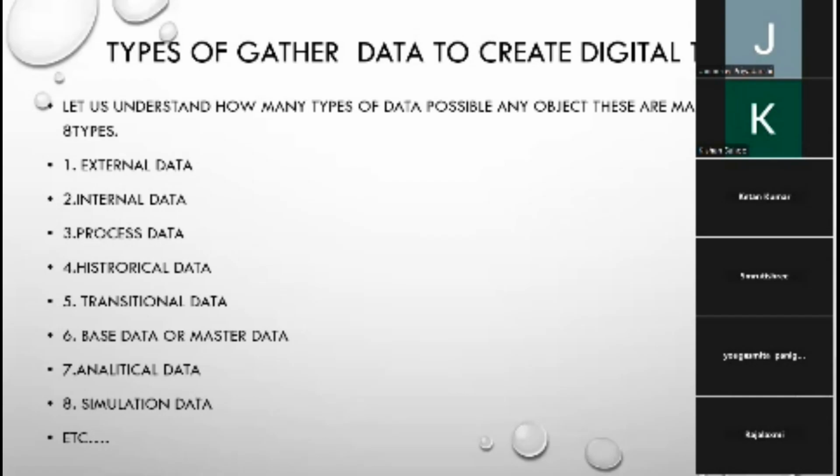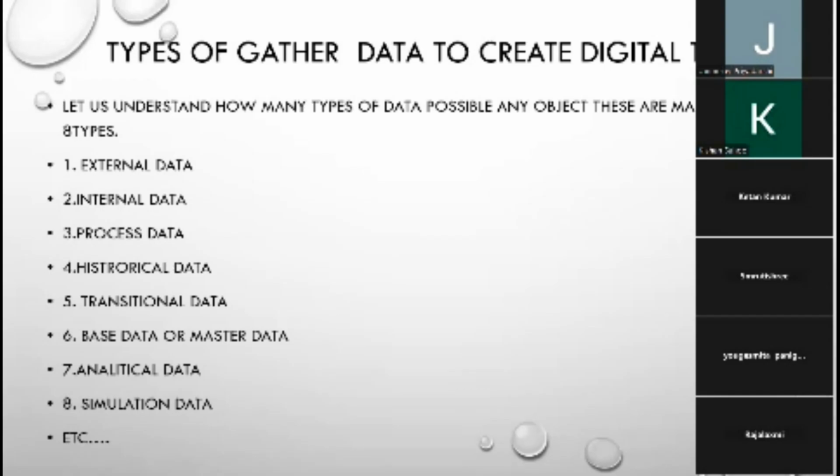Then there is simulation data. Simulation data is when you are climbing a tree, when you are climbing steps, when you are walking. Every time your mind does simulation. How? Because of your senses, whatever information you are collecting, based on that, it will ask your body where to put the step, what would be the height, what would be the length, how far you should go, what is the best way to put the step forward.